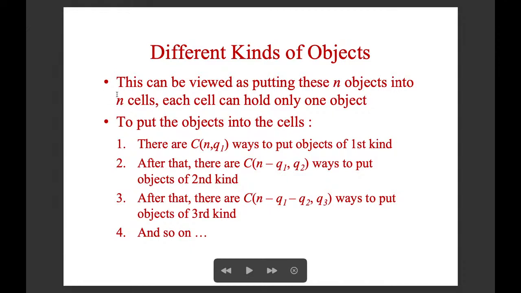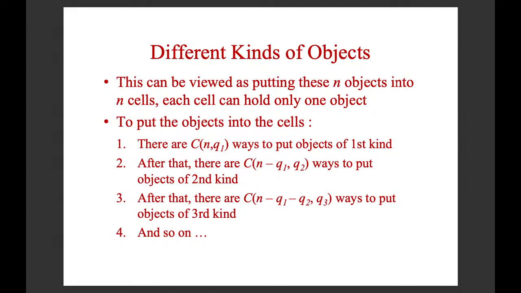These n cells are, let's say, arranged from left to right, and each cell can only hold one object. Placing the objects into the cells corresponds to a particular n permutation. So we want to find out how many ways we can put the n objects into these n boxes. This will give us the number of n permutations in total.